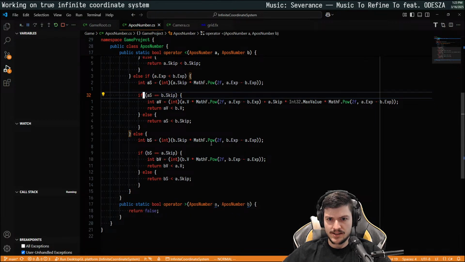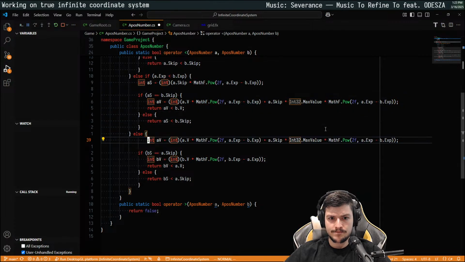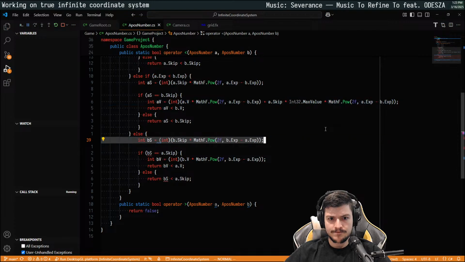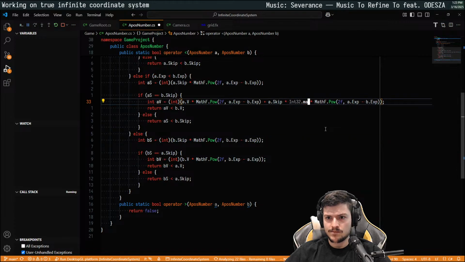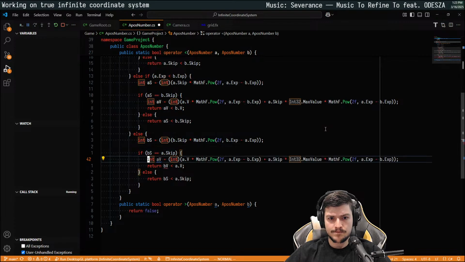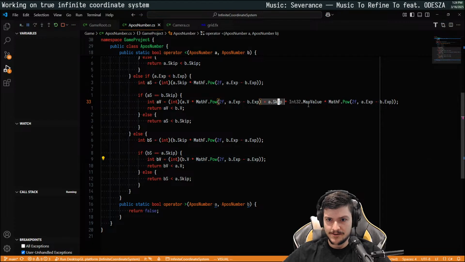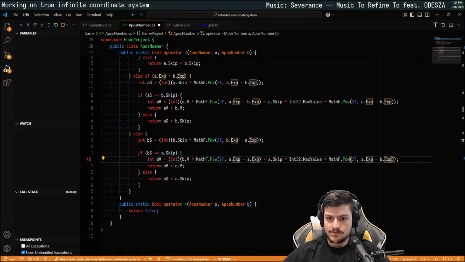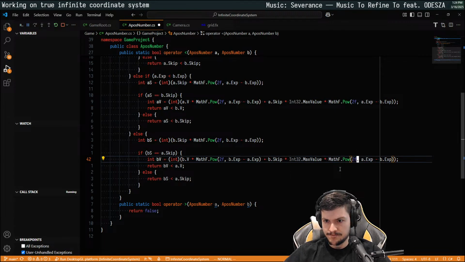So I also need this part here. Oops. BV. I'm too lazy, I'll just do it. Okay, B skip max value.